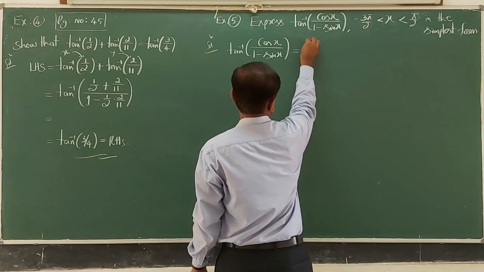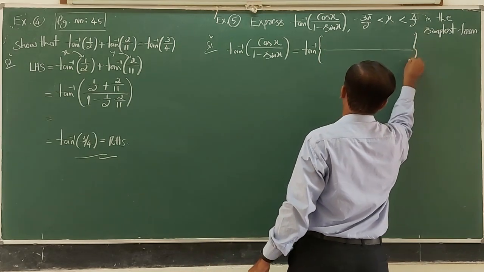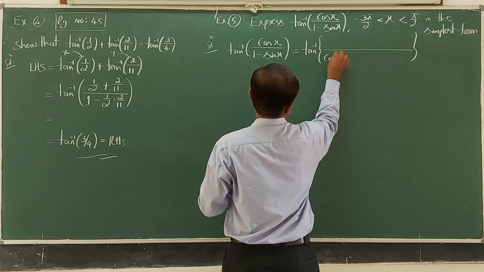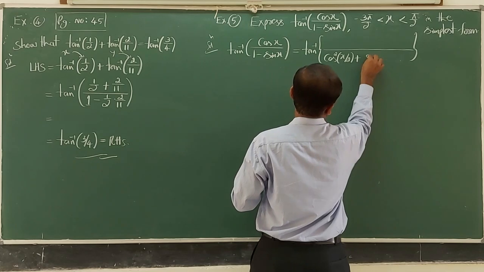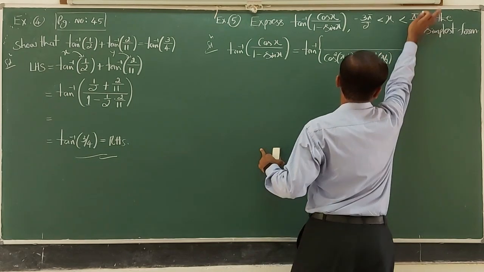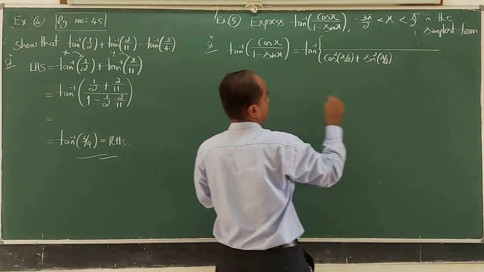Now, I write this 1 as cos square x by 2 plus sin square x by 2, followed by minus sin x is there.